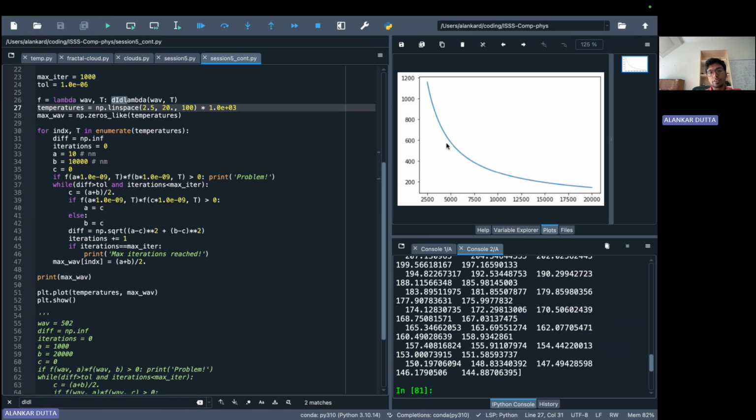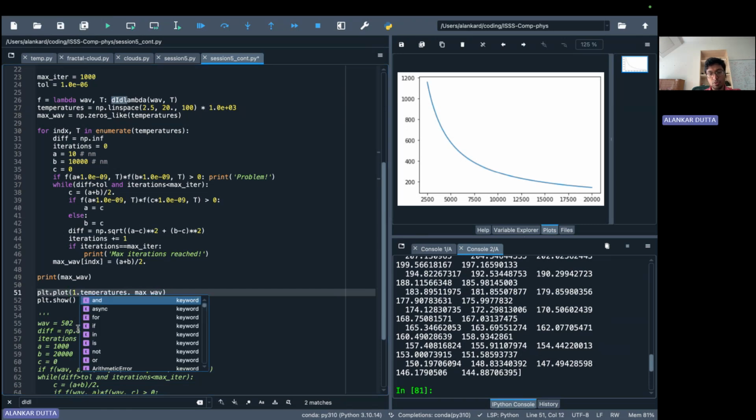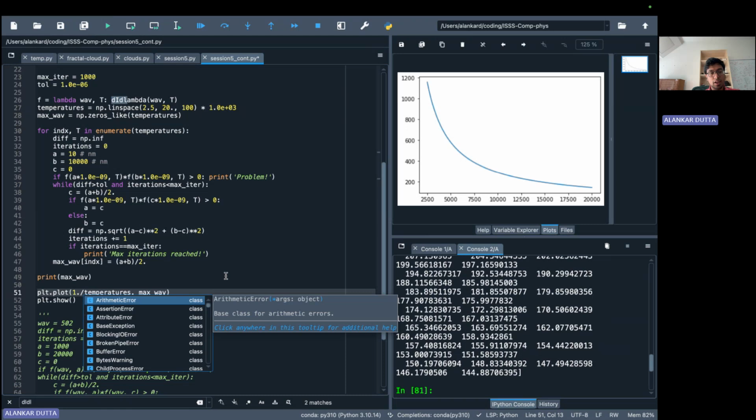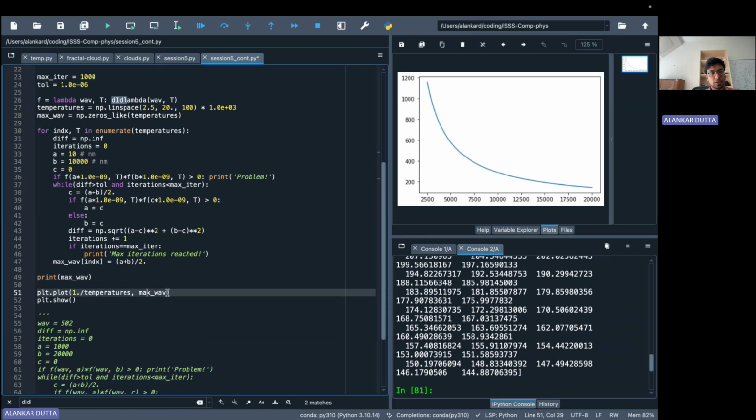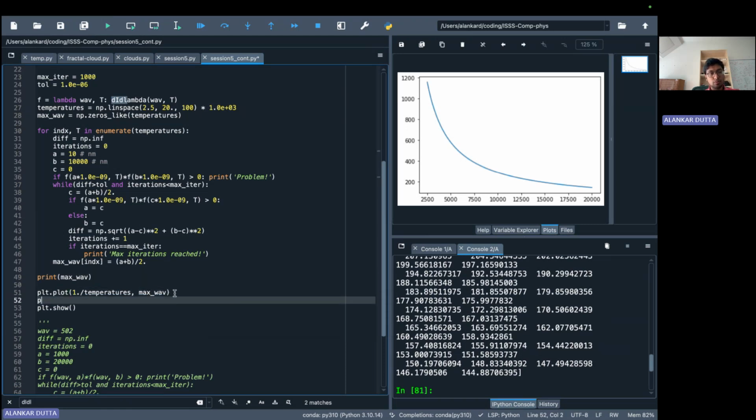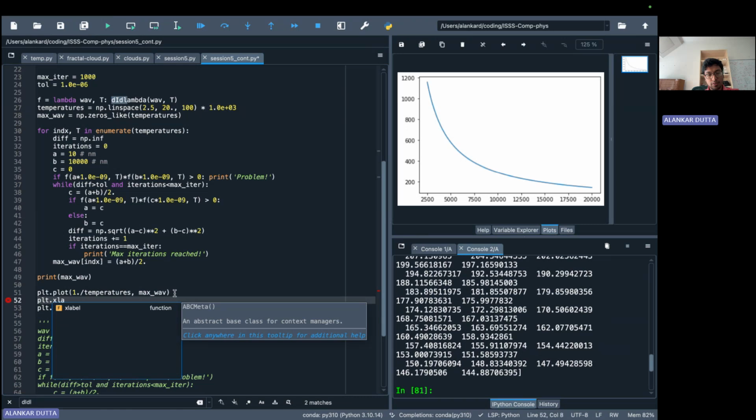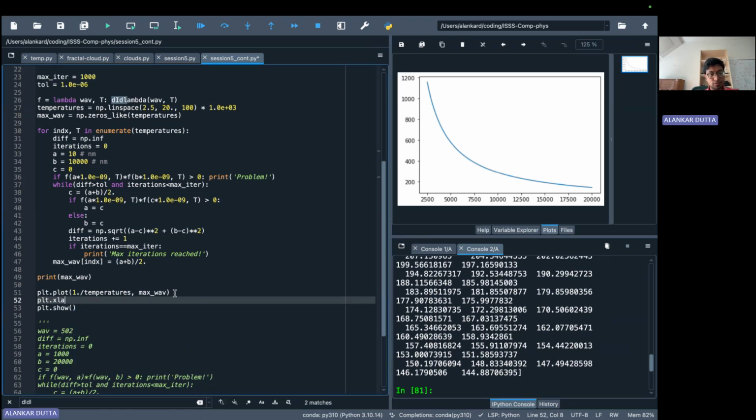And here you see that there is temperature on the x-axis. So let's plot, say, we can, for example, plot 1 over temperature, and then max wavelength is this. So we can do something plt dot xlabel. Sorry.